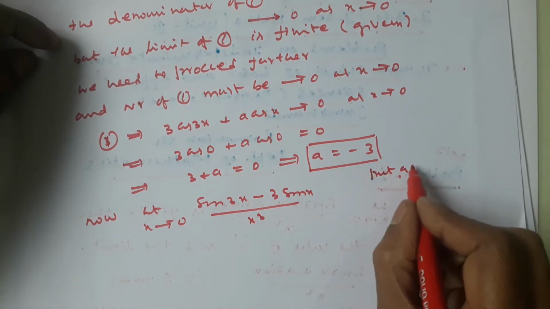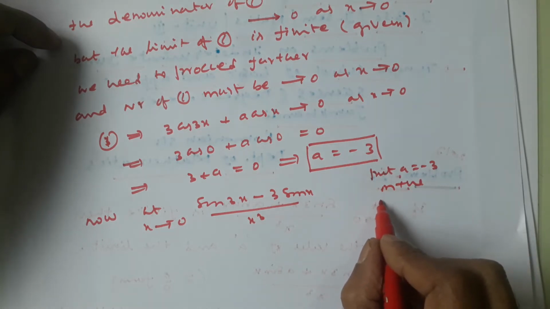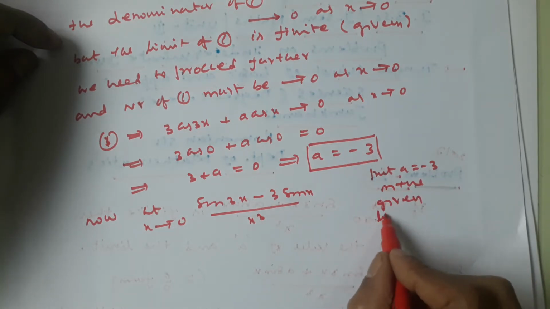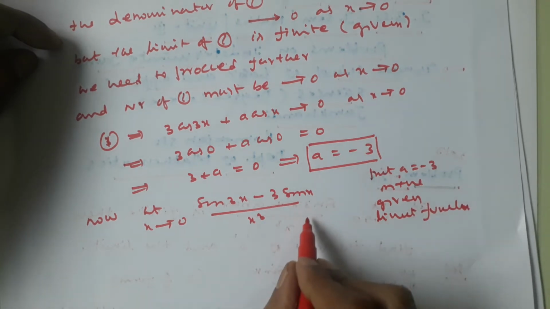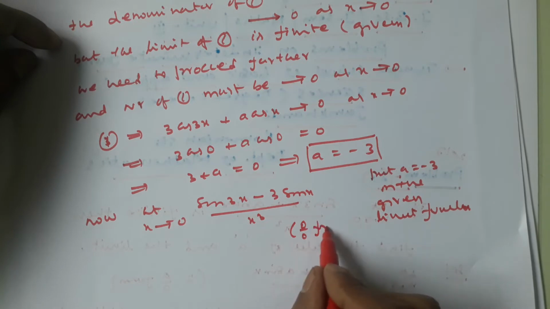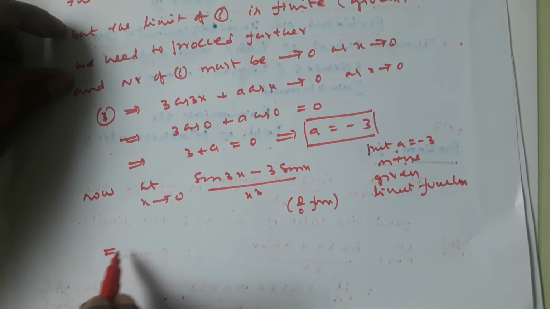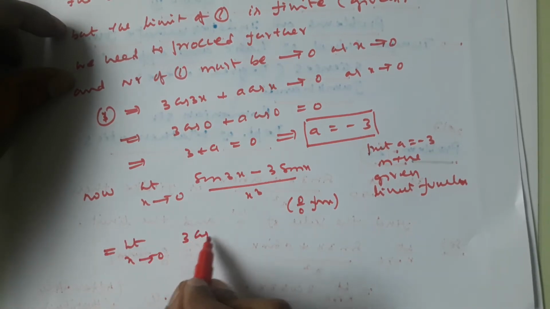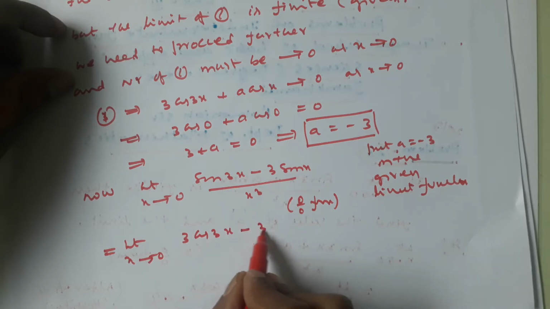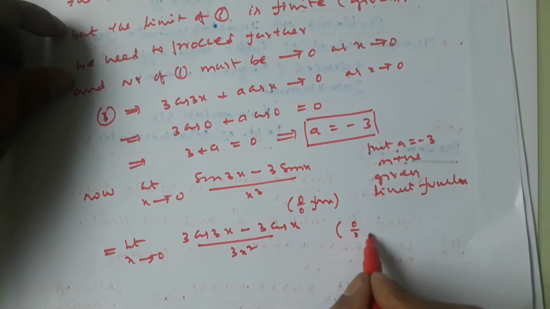Putting a equal to minus 3, it is now 0 by 0 form. So apply L'Hospital: limit x tends to 0 of (3 cos 3x minus 3 cos x) divided by 3x square. Again it is 0 by 0 form.